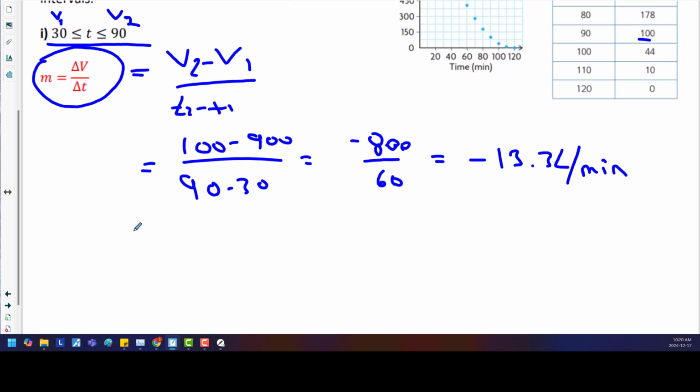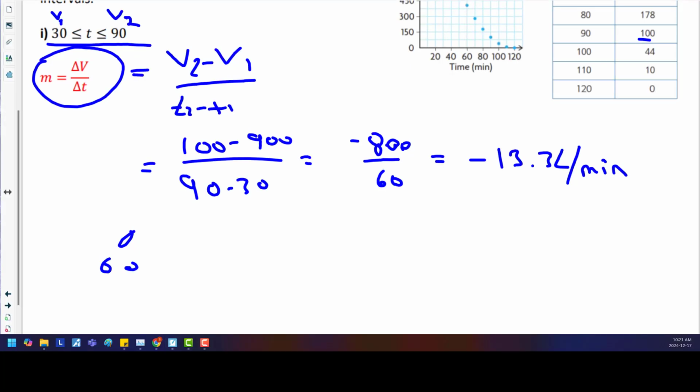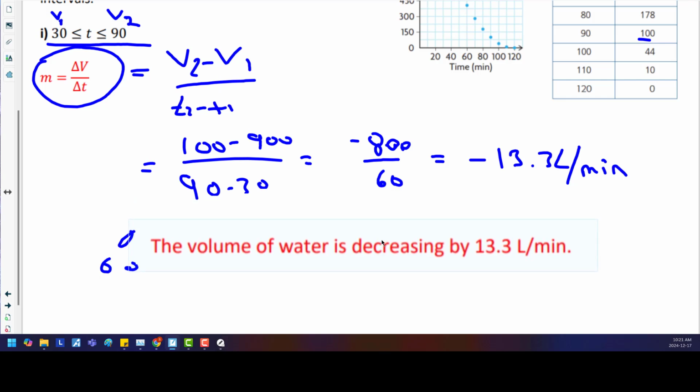But when we're writing our thesis statement, we should write the volume of water is decreasing by 13.3 liters per minute. If you understand that. Here, I'll write it out so you can see. So the volume of water is decreasing by 13.3 liters per minute. Instead of writing negative 13.3 liters per minute, we are saying it's decreasing because that's essentially what's happening.